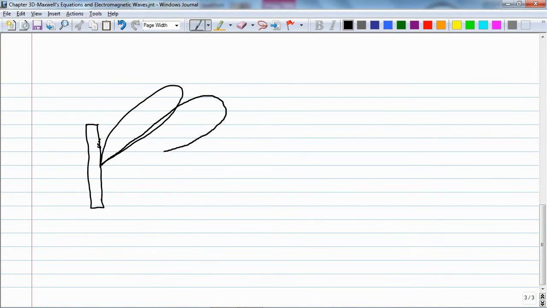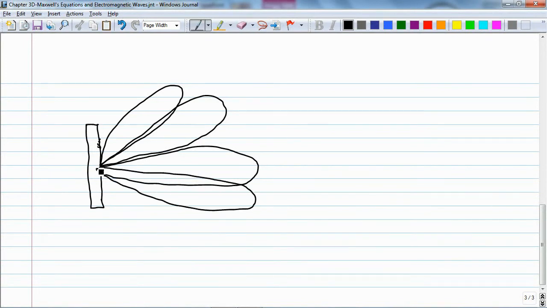And the antenna acted as if it was 5 separate antennas, with some kind of a radiation pattern like this. This would be looking at the horizontal plane. This was called a 5-beam antenna.